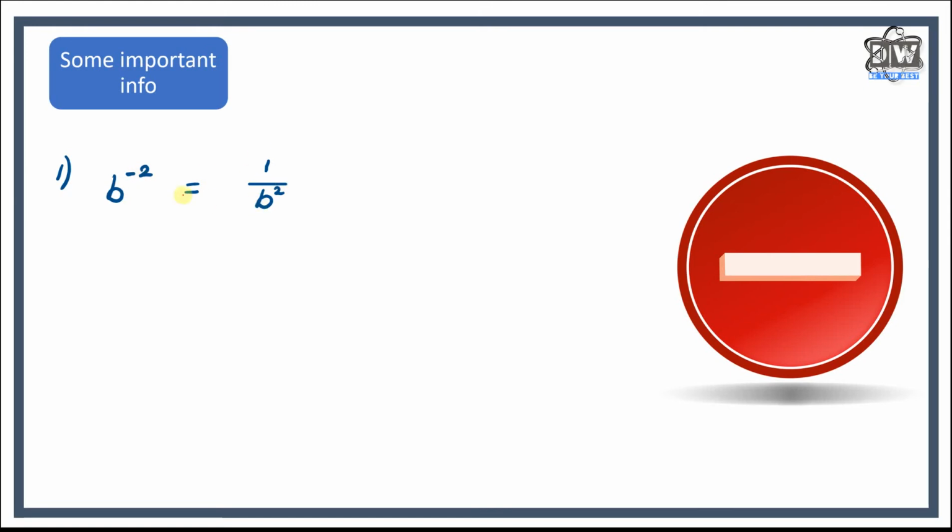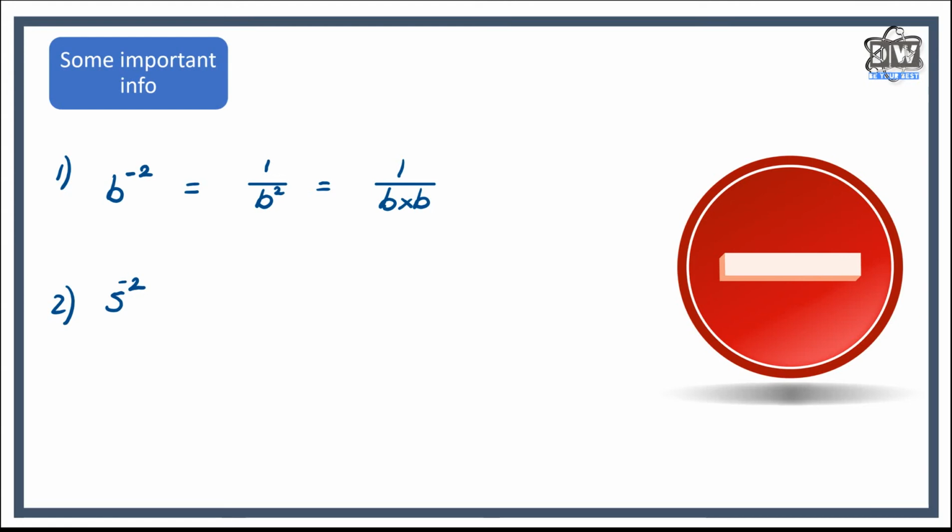I just need to remember what format to put these in. But this can also be written as 1 over b to the power of 2. So that can be rewritten also as 1 over b times b. That makes perfect sense, I hope.